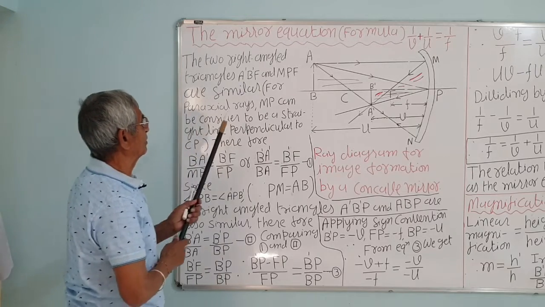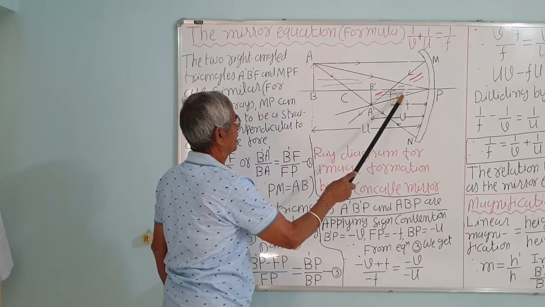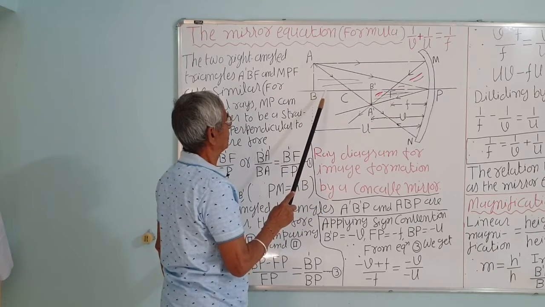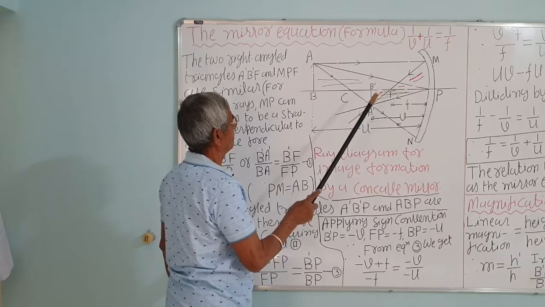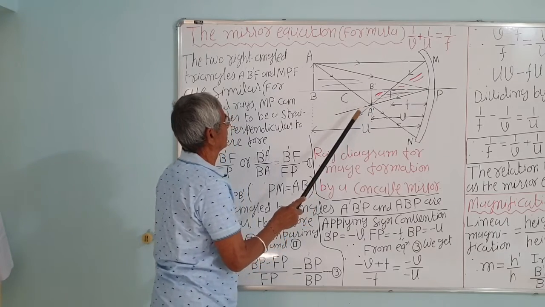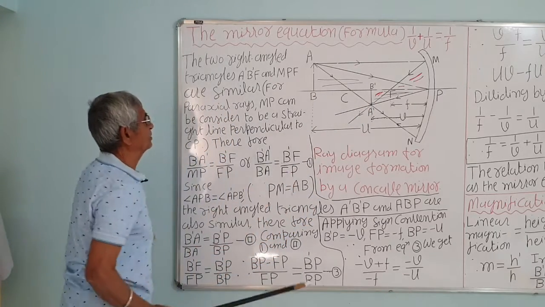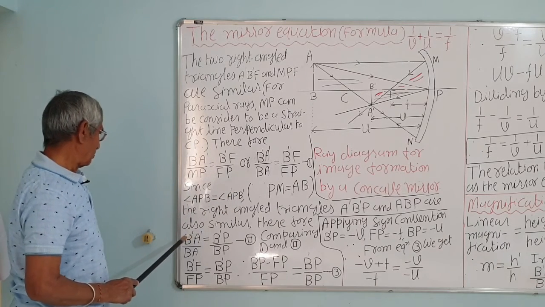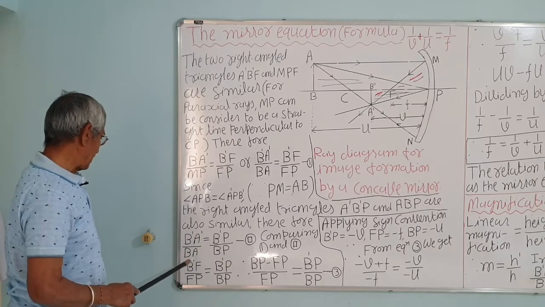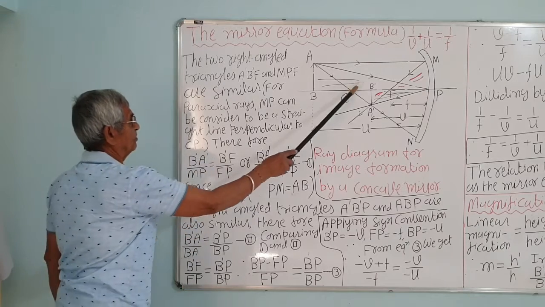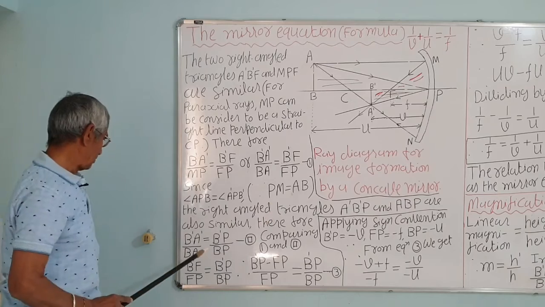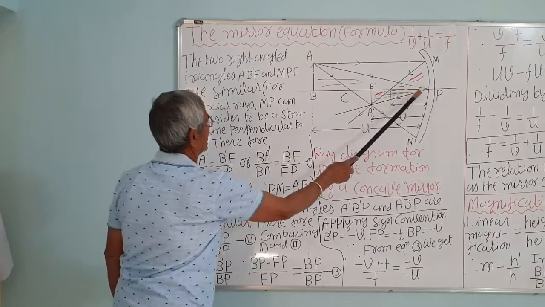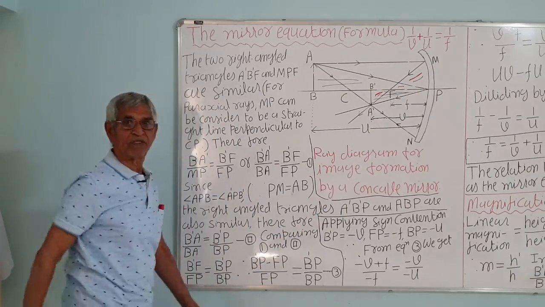They are similar triangles. The incident angle and reflected angle are equal, and the right angles are equal, so the third angles will be the same. So they are similar triangles, so sides will be in ratio. So we can write A'B' upon BA, or AB, is equal to B'P upon BP. Sides will be in the ratio.